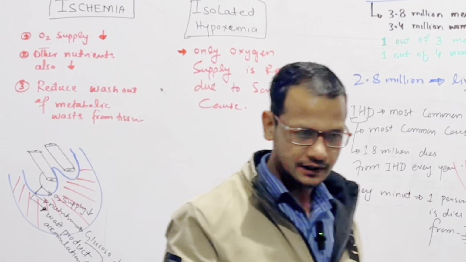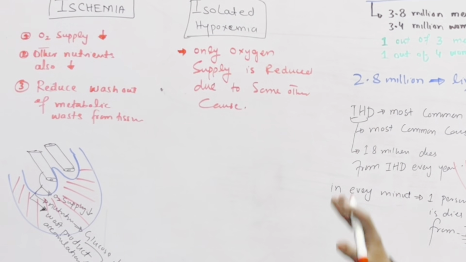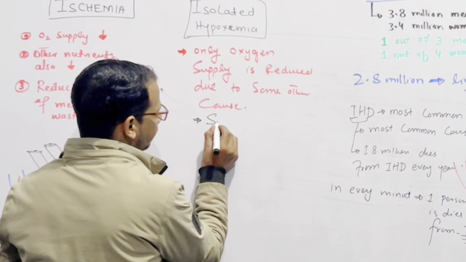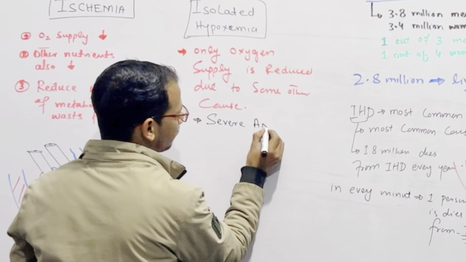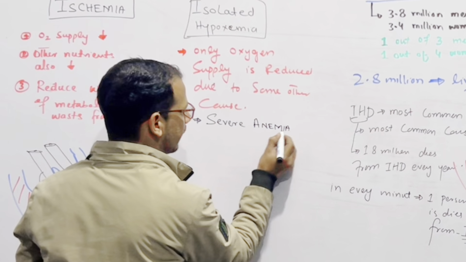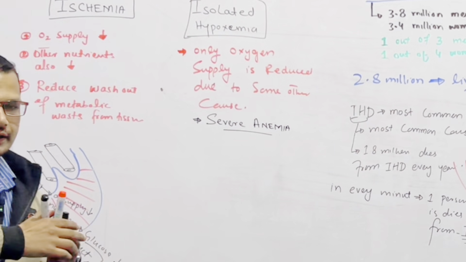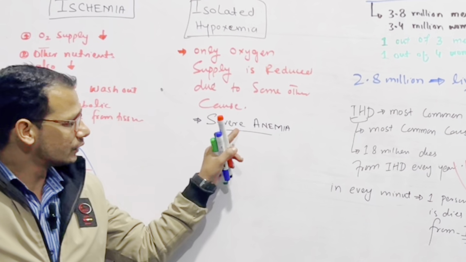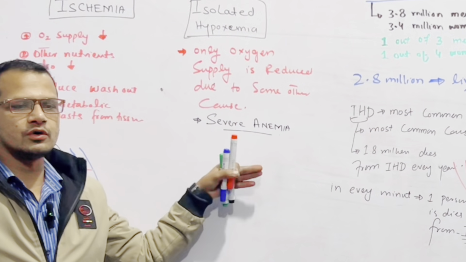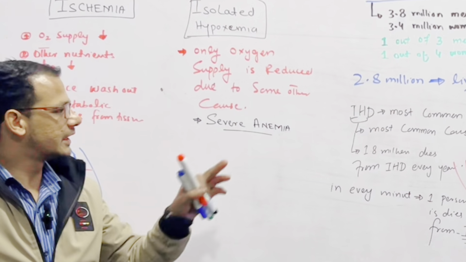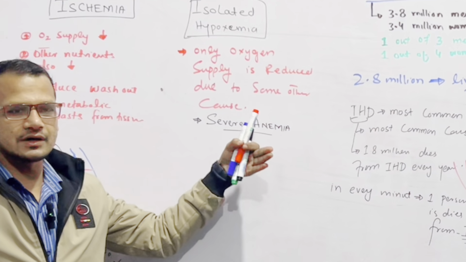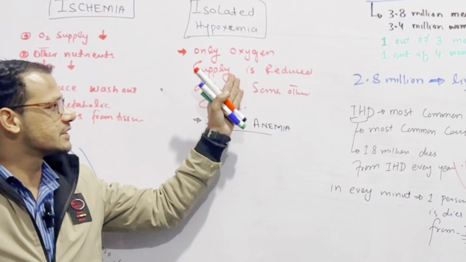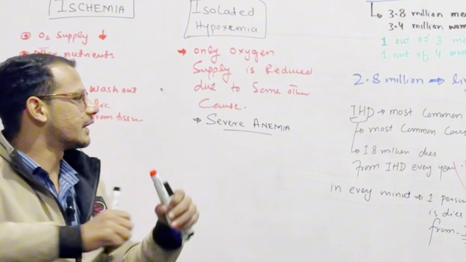If there is only reduced oxygen supply, for example, severe anemia, in the anemic state there is a decrease in blood, and due to that hemoglobin is reduced, and hemoglobin cannot then supply oxygen. So anemia is the cause of reduced oxygen supply, and this is called isolated hypoxemia.